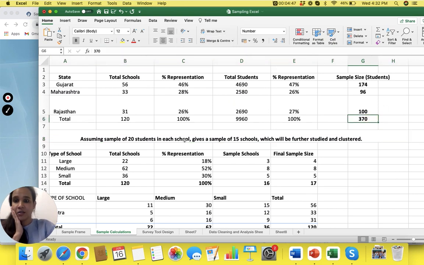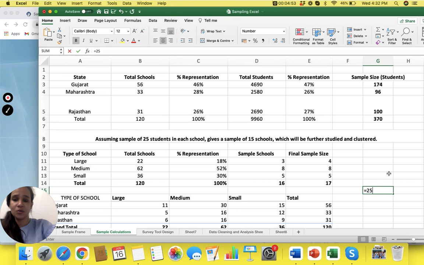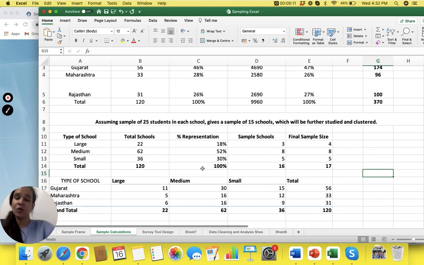Even if we assume we want to take 25 students from each school, we would get about a sample of 15 schools. So these are estimates that you must make, that you want to take a certain number of students from each of these schools. So we're going to take 15 schools in our sample, and we want to ensure that we have adequate representation.